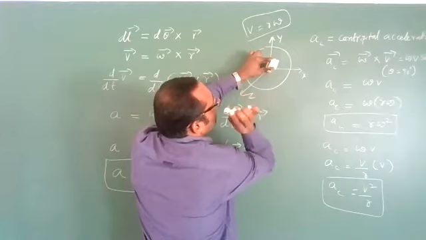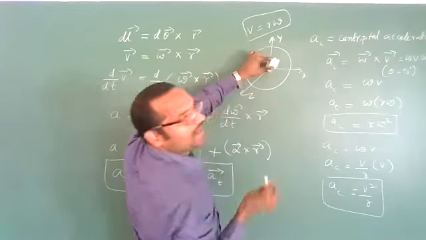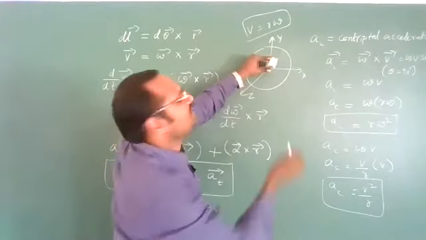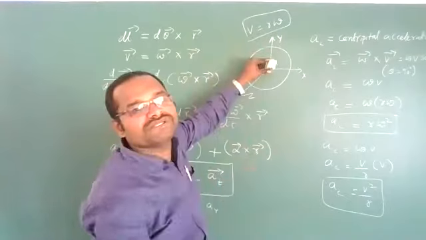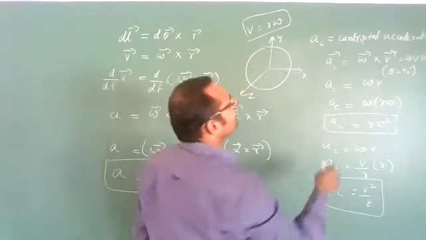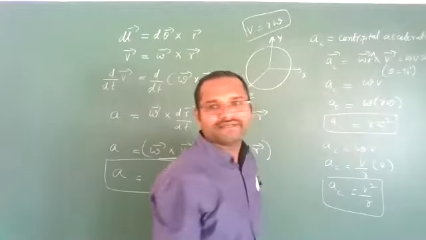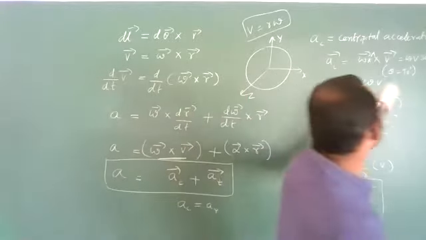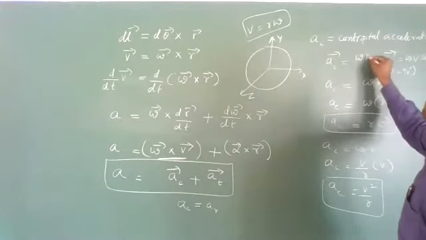Angular velocity is in this direction, out of the board, means along the positive z-axis. So we can write k cap. For the cross product, k cap we can write. So omega k cap.